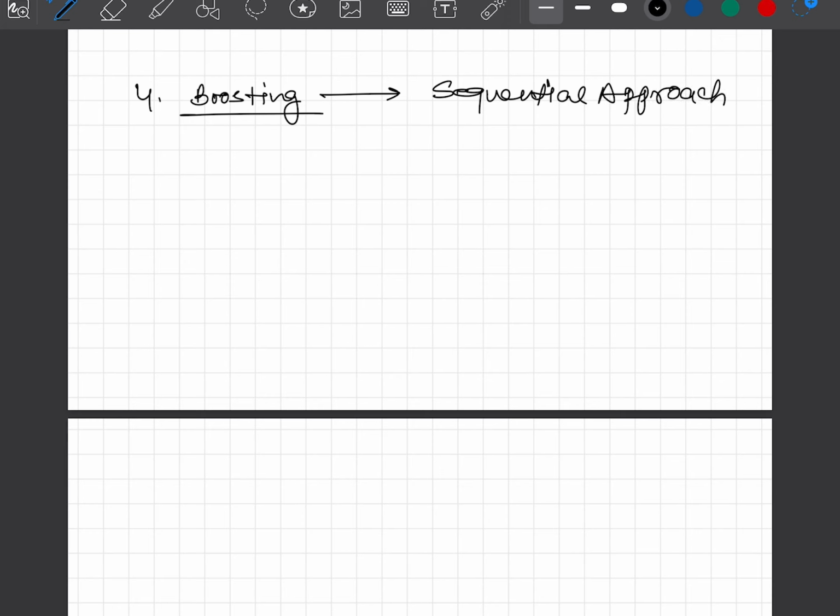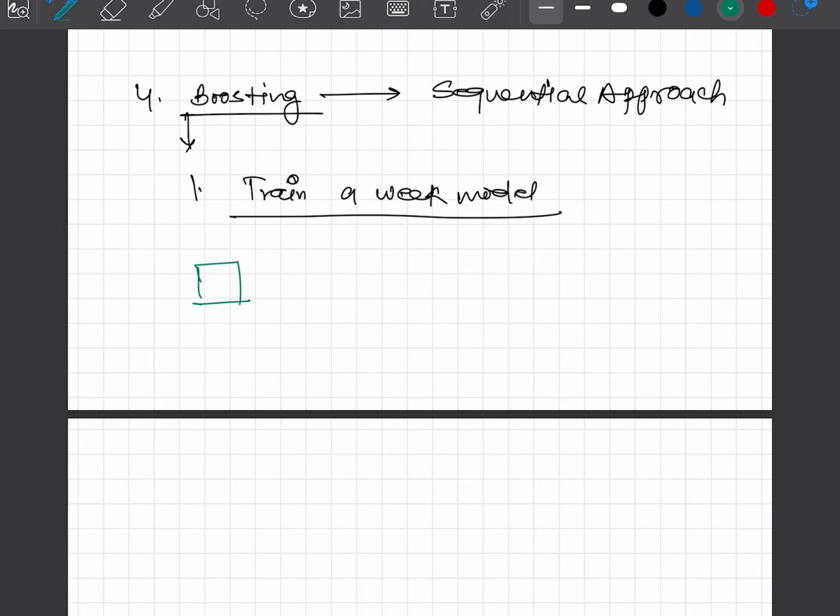Let's see how data is trained in boosting. The first thing is the process involved: we first train a weak model. We have the data, and the first model is trained on this data.